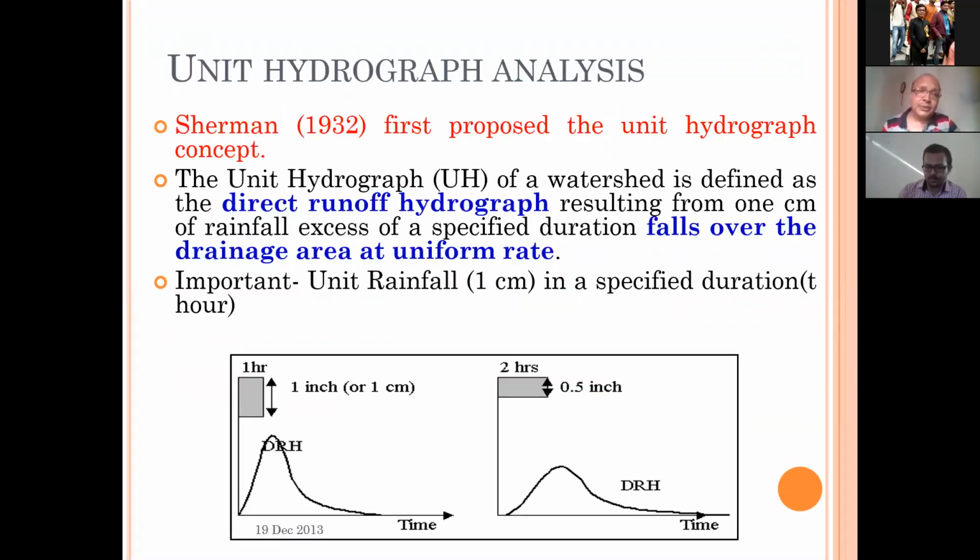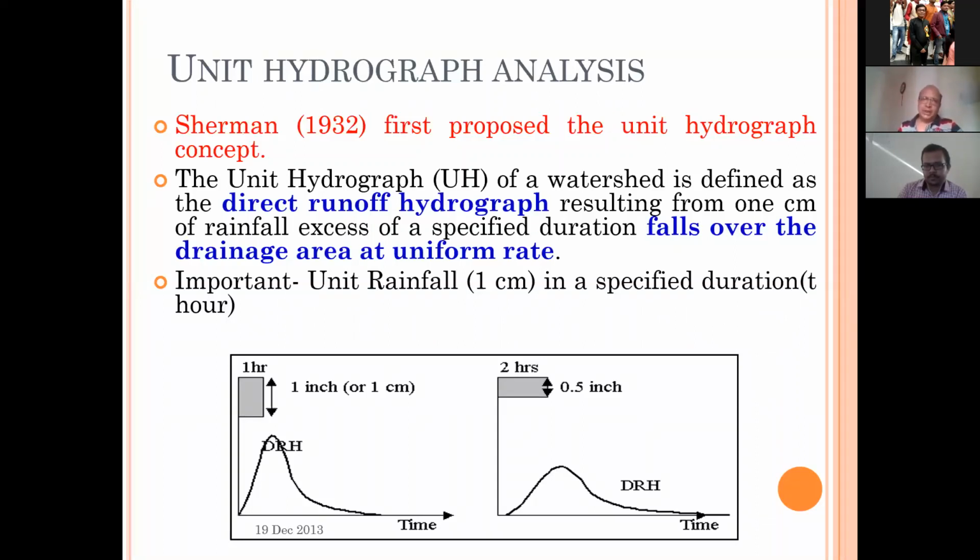So when we go for a model, we generally use unit hydrograph. So what is unit hydrograph? A unit hydrograph is the hydrograph of direct surface runoff that results from 1 centimeter of rainfall excess that occurred in a specified duration of time and falls uniformly at uniform rates.